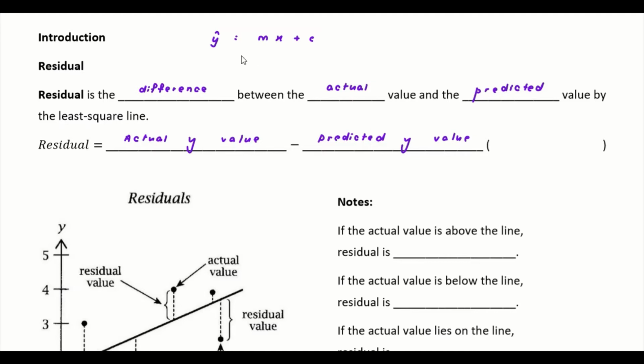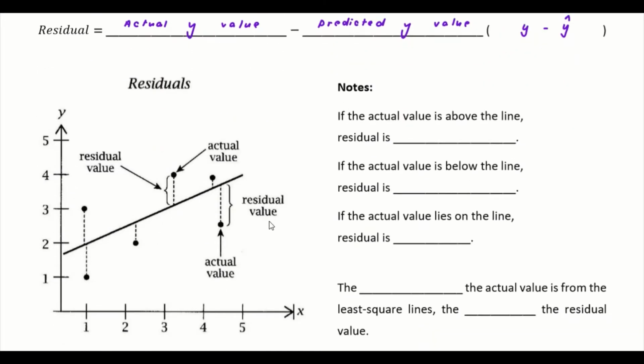Everything that you get out of this equation is a predicted one, which is why it is known as y cap. So when we write it in short form, the residual is equal to y minus y cap.